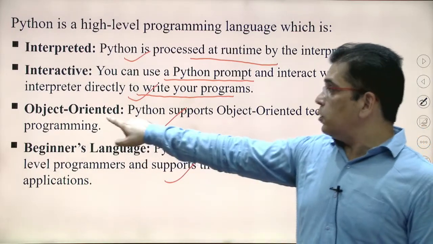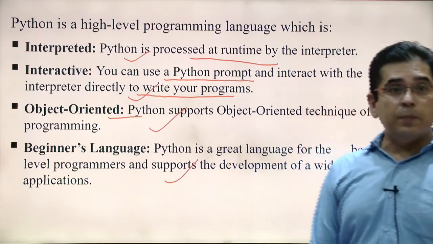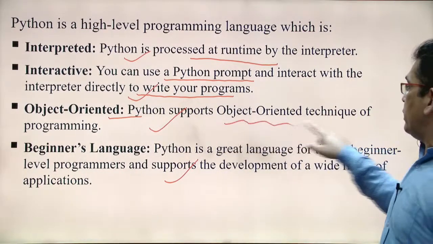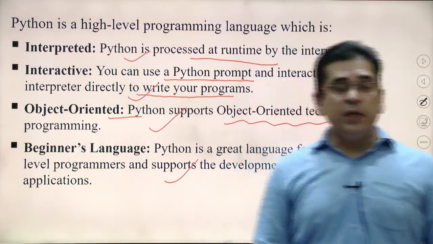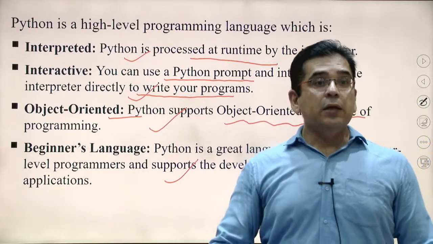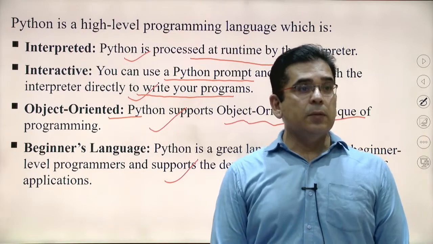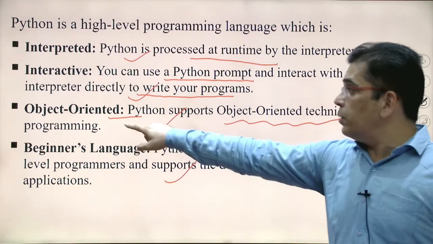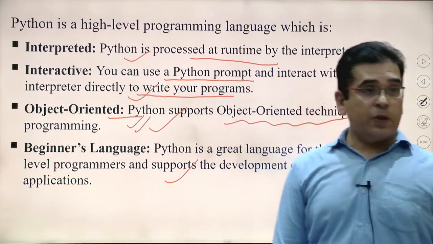It also completes the concepts of object-oriented programming. It supports object-oriented techniques of programming. As we know, C is not an object-oriented language. The C language does not support object-oriented features like encapsulation and inheritance, but in Python you can implement all these object-oriented features, just like the Java programming language.